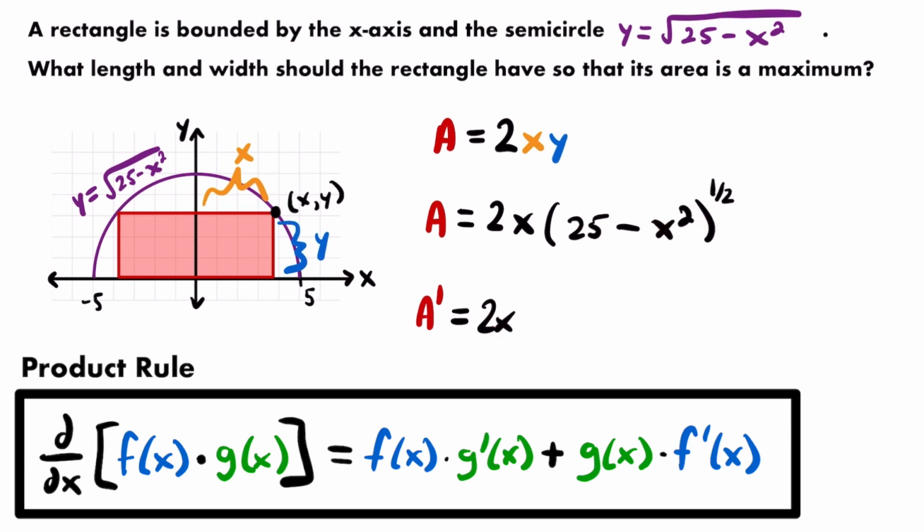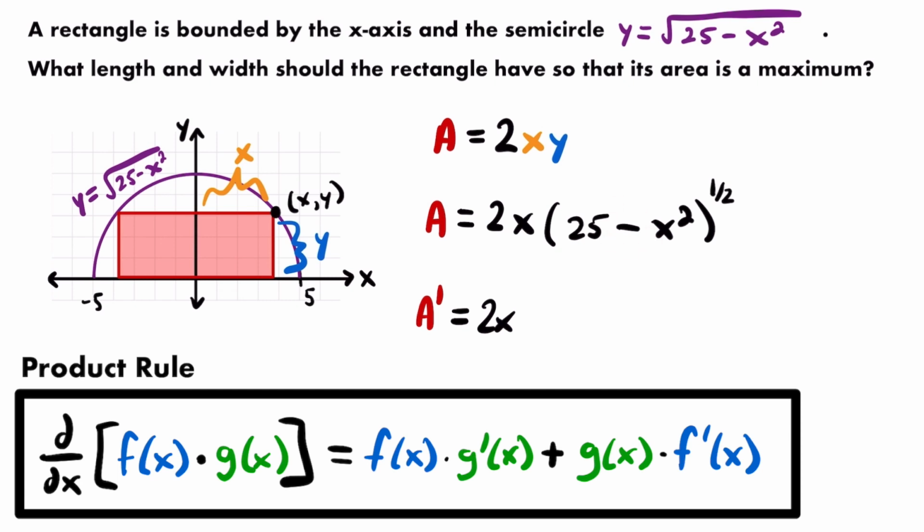Now, how do we take the derivative of 25 minus x squared to the 1/2 power? Well, that's going to involve the chain rule, right? We have a function within another function. Our inside function is 25 minus x squared, and our outside function is that quantity to the 1/2 power. So what we have to do via the chain rule is first take the derivative of the outside function, keeping that same inside function, and then multiplying by the derivative of that inside function.